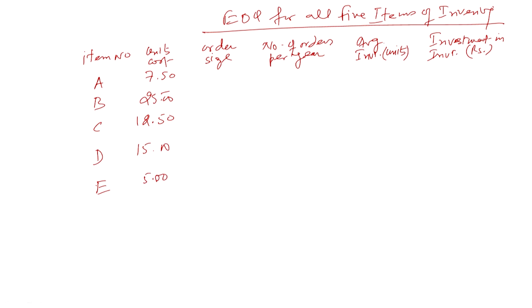Order size, as we have seen how to calculate it, 224 it was in case of A, we just saw, 150 in the second case, 346 in the third case, 707 in the fourth, and in the fifth item the order size is 1500 units.